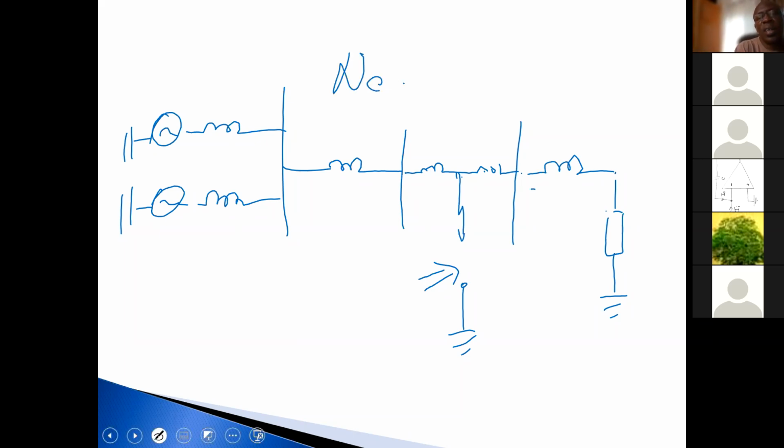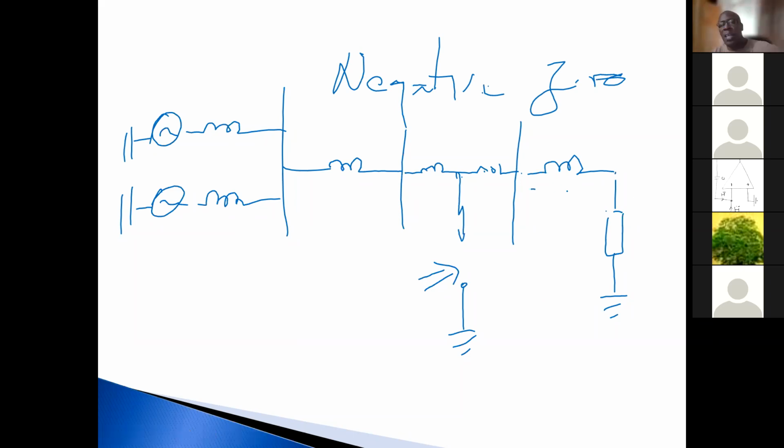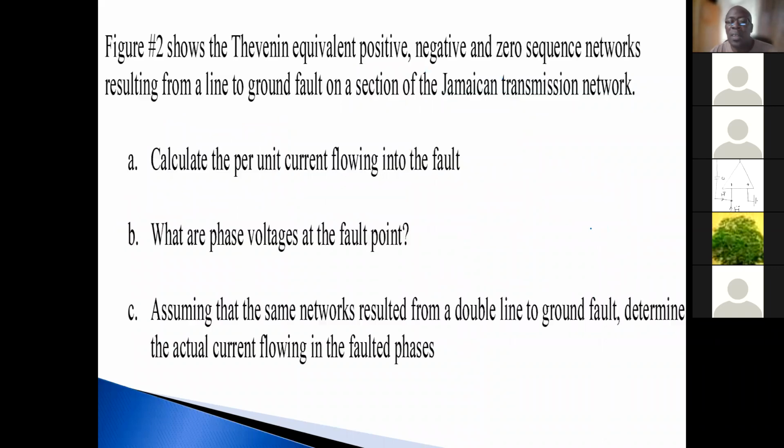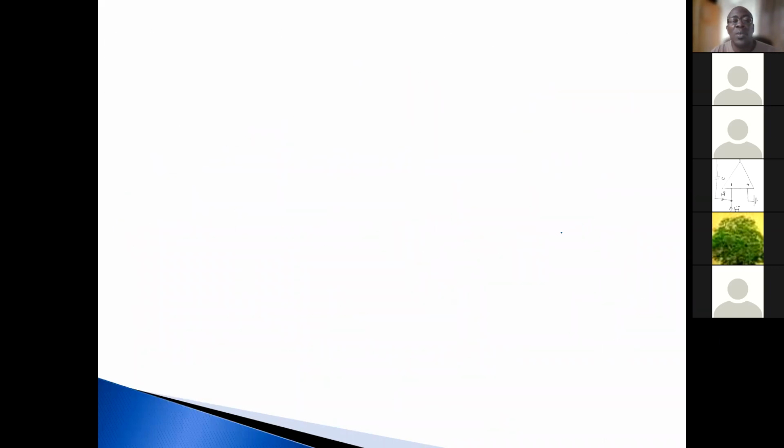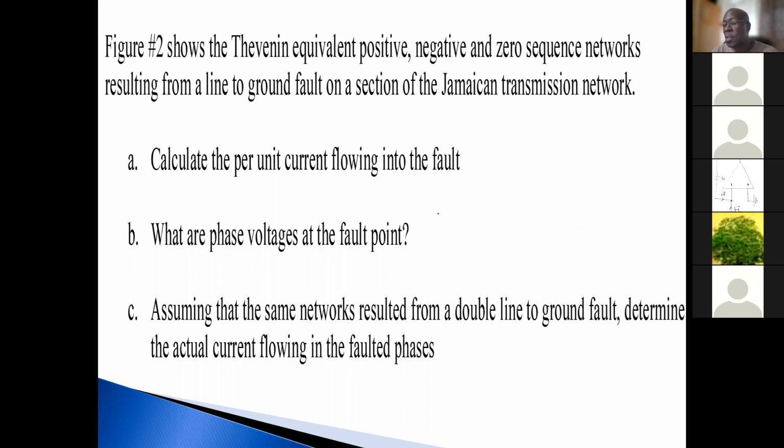I want you to draw the negative and the zero. All right? That's all we're asking you to do. Okay, sir. So we'll come back to this, or I'll send you this information, but I really want you to go to this question. This is what's going to wrap up our class for today. So take this question for me, please.